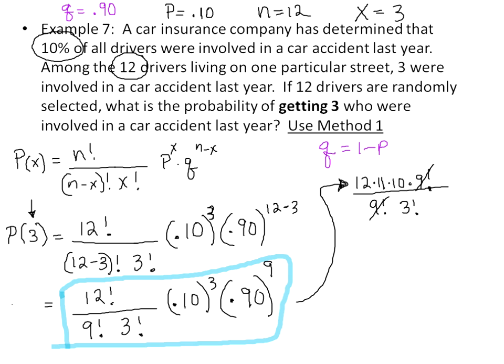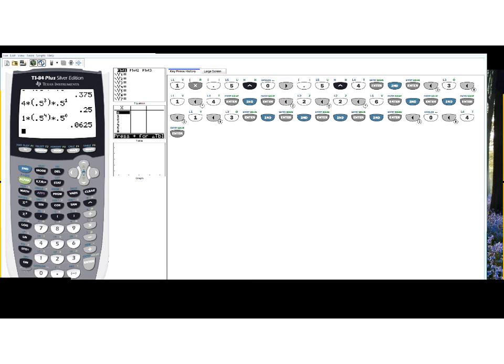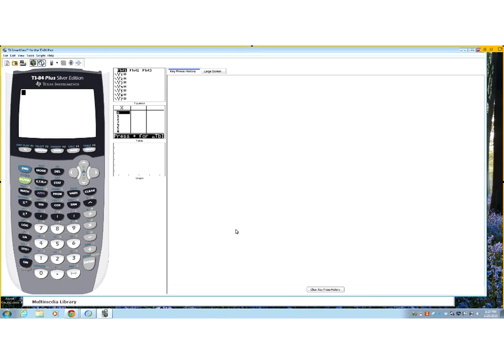So 12 factorial over 9 factorial times 3 factorial. All right, so let's see what happens. I'm going to clear what's already here. Okay, so I have 12 factorial.